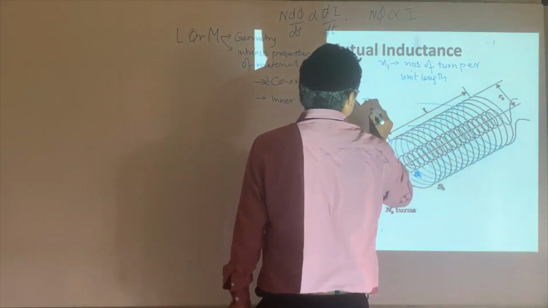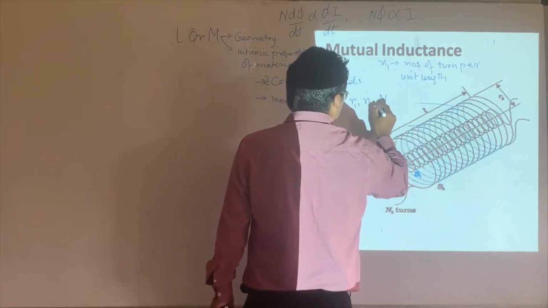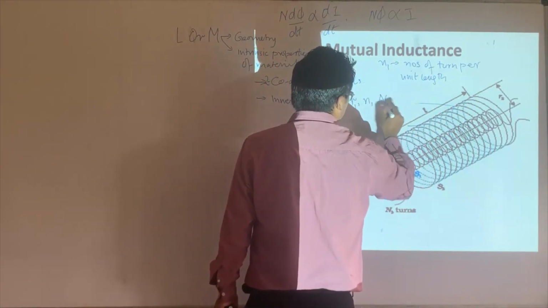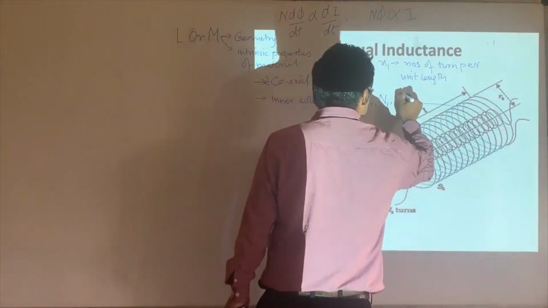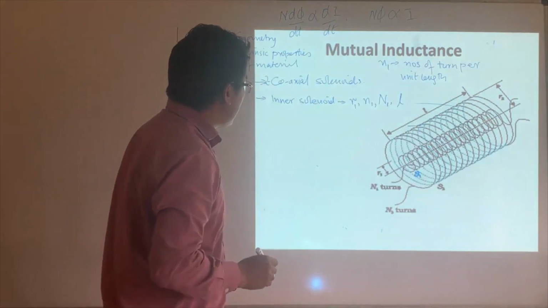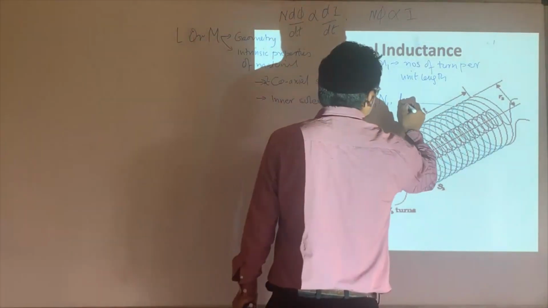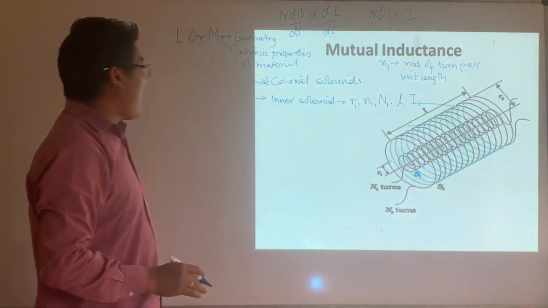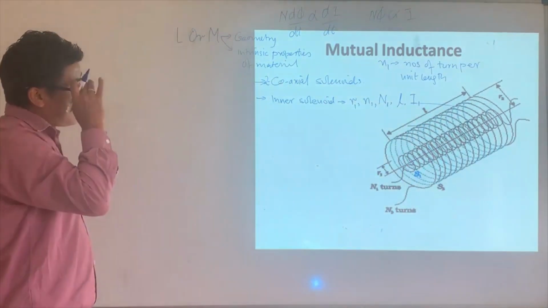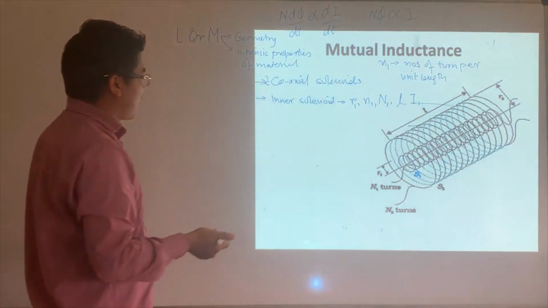N is the number of turns, L is the length, and I1 is the current in solenoid 1.